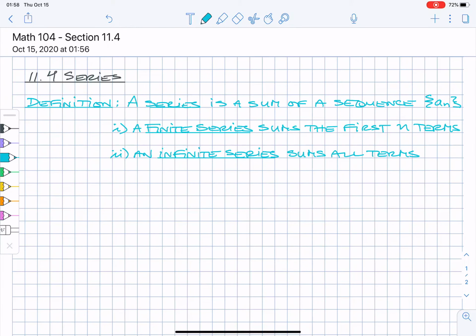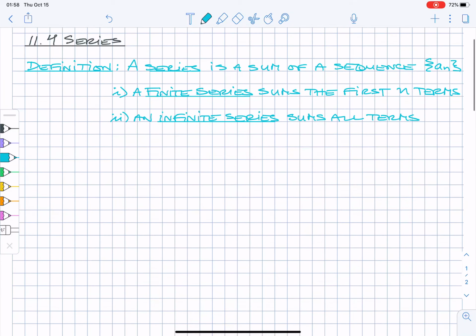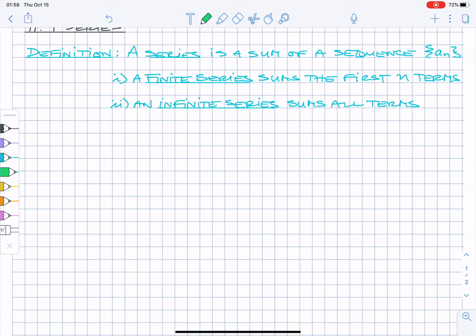So we're assuming the sequence is infinite here. So the notation will be, number one, the first notation will be the sum sigma, as my index i counts from 1 to n of a sub index.